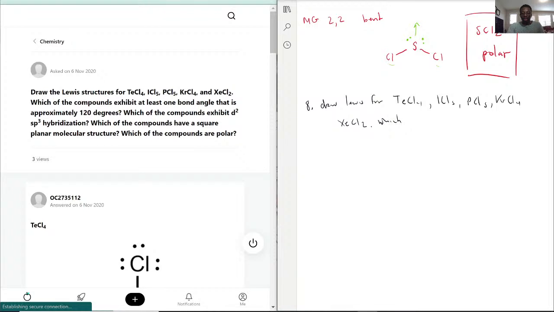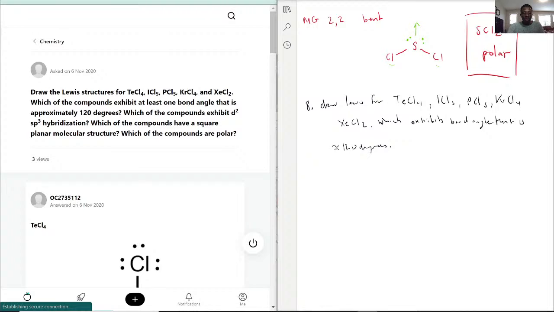Which exhibits a bond angle that's approximately 120, around 120 degrees?